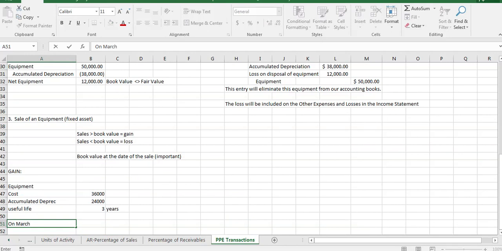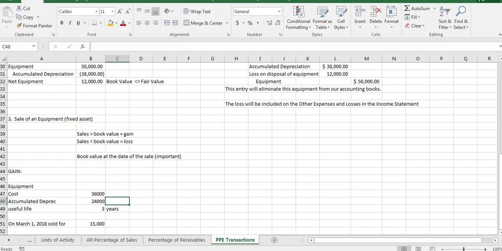We will sell this equipment for, let's say, $15,000. Let me put it in this cell. So we have $15,000, and the accumulated depreciation, we will say that it is as of January 1st.